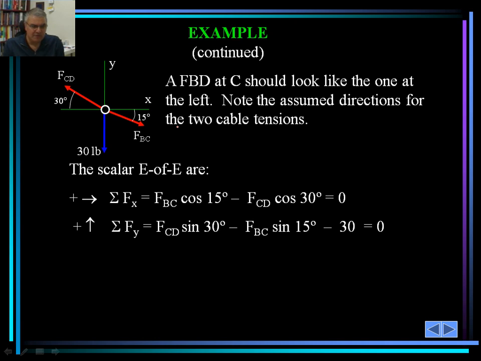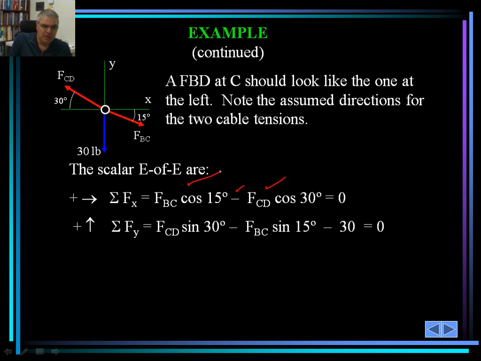Summation of forces in X is set to be 0. In the X direction, we have F sub BC cosine of 15 minus F sub CD cosine of 30. We have the X component of F sub BC and the X component of F sub CD. One is acting negative and one is acting positive.